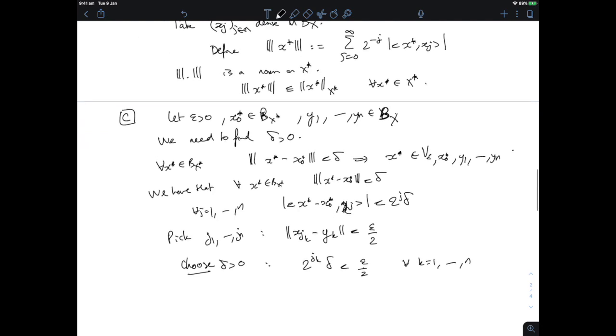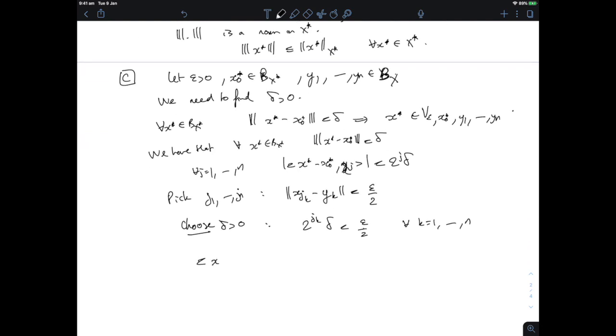And now when I look at the x star minus x naught star tested on yj, let's call it yk, I can use the triangle inequality, and this is smaller than x star minus x naught star tested on xjk, yes, xjk itself, and then plus the x star minus x naught star tested on yk minus xjk.